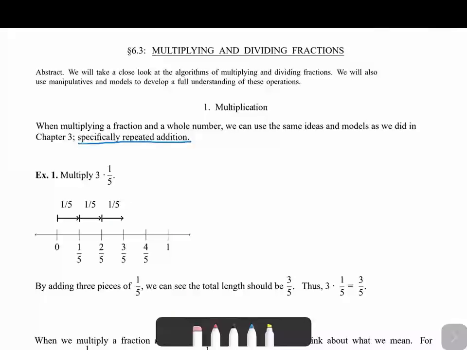So when we multiply a whole number times a fraction, we can think of it as a repeated addition problem, where 3 times 1/5 is the same thing as adding 1/5 3 times. And then when we add 1/5 3 times, we just get 3/5.